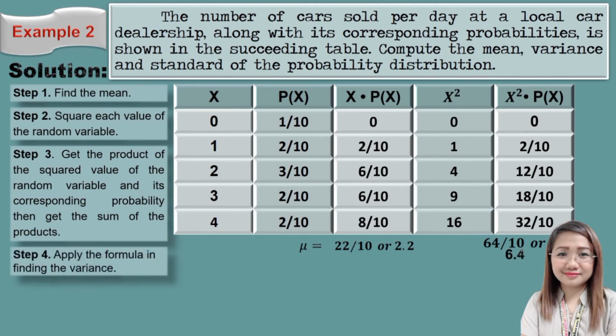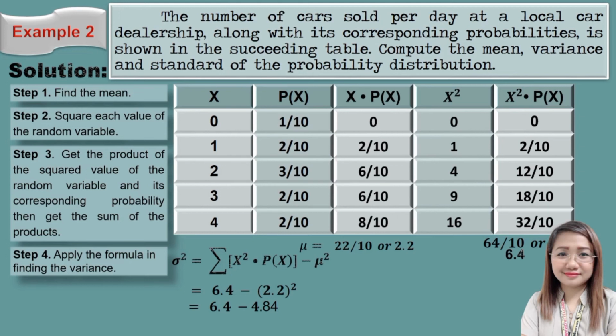Next step is to apply the formula in finding the variance. So we have the summation of the product of x squared and p of x, which is 6.4, and then our mean is 2.2. Then the square of the mean, which is 2.2, is 4.84.